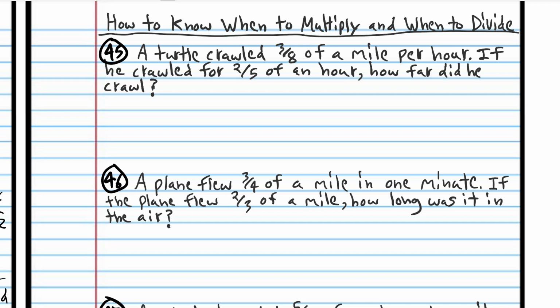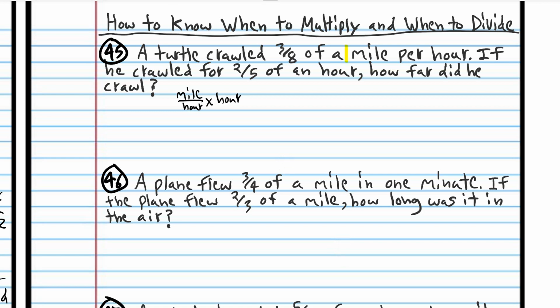All right, so let's start messing with some numbers here. Let's assume that this is going to be multiplication. We have 3/8 of a mile per hour, and here we have hour. If we assume it's a multiplication problem, then it's going to be mile per hour times hour.